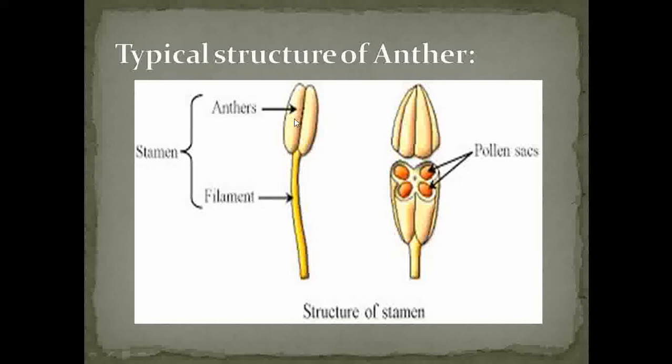When we take the transverse section of the anther, we are going to observe a structure like that. These are the four pollen sacs. The formation of these four pollen sacs is called microsporogenesis.